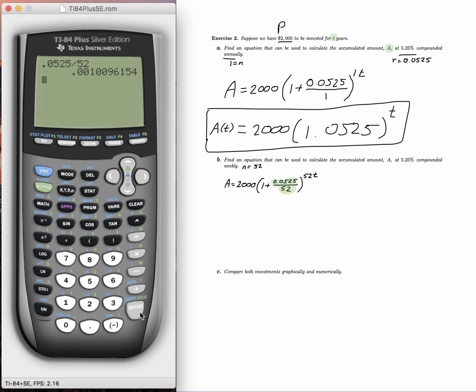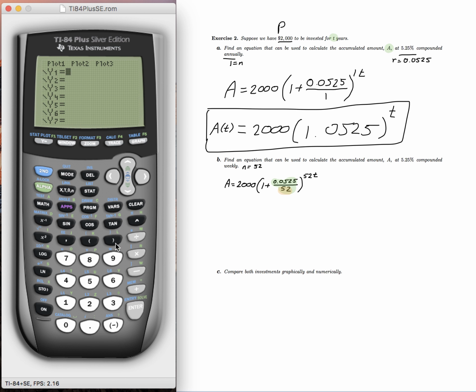So the effective periodic rate is very, very small, which means that our function will only increase a little tiny bit for every period. Even though there's way more periods where the compounding happens, the function's not going to grow like crazy just because it's compounding more frequently. That rate goes way down by dividing by the frequency, which in this case is 52.